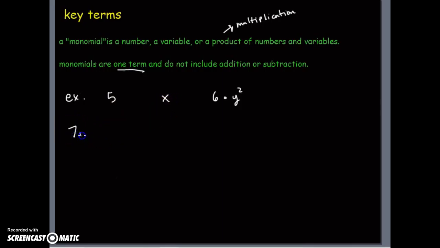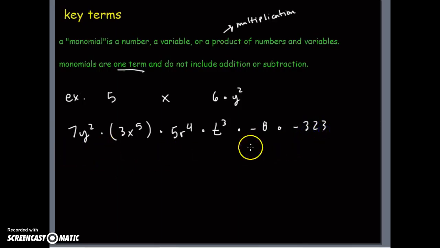For example, 7y squared times 3x to the 5th times 5r to the 4th times t to the 3rd times negative 8 times negative 323. Everything here is being multiplied, so this constitutes a monomial.